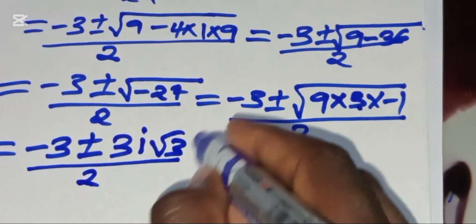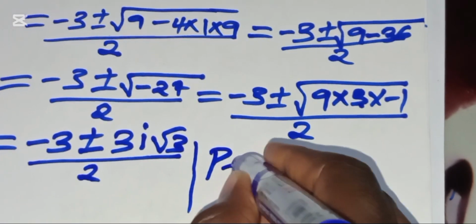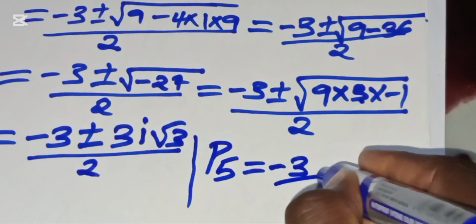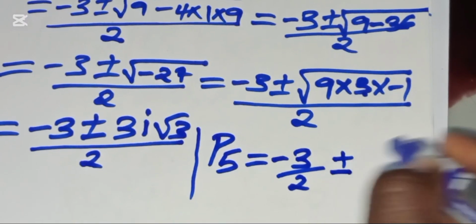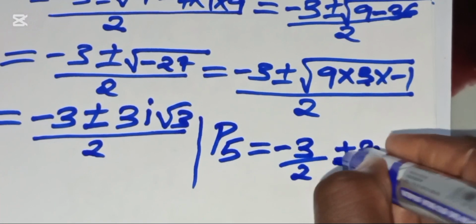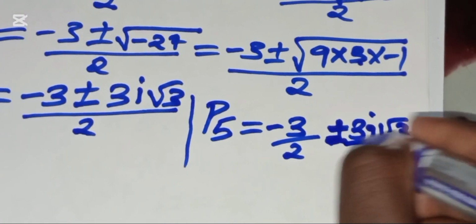So that means from what we have here, P5 is equal to negative 3 divided by 2 plus 3i square root of 3 divided by 2.